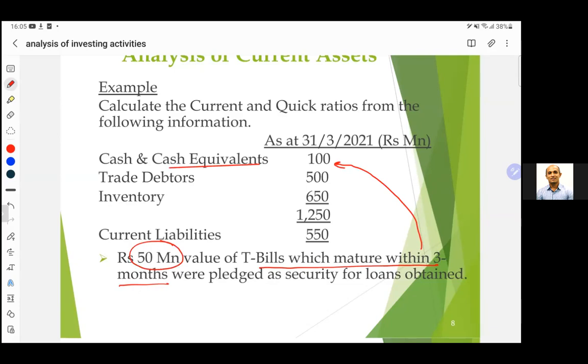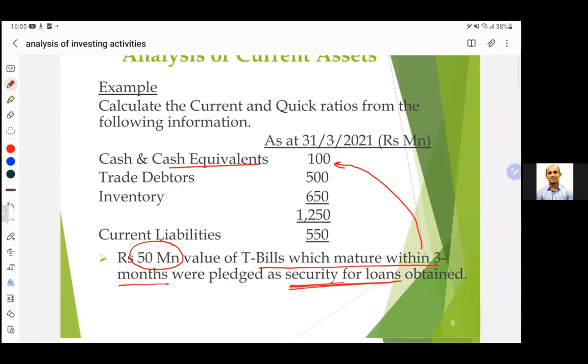These 50 million treasury bills the company has kept as security for loans. The meaning is that whenever you need money, you cannot withdraw the investment.